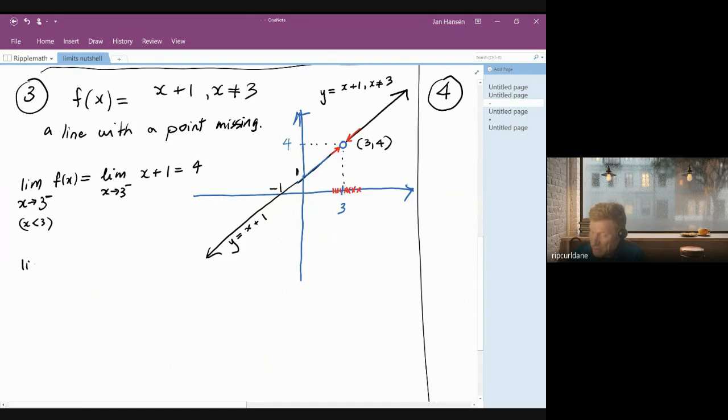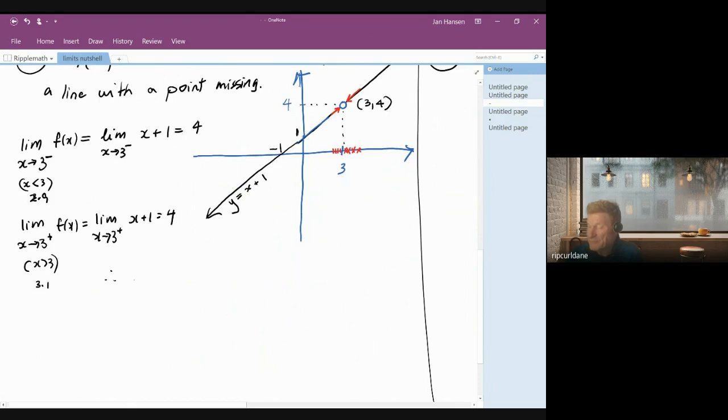And then the limit as x approaches 3 plus, which is where x is bigger than 3. This could be like x is 2.9, and this one might be 3.1. Think of it that way. The limit as x approaches 3 from above of x plus 1 is equal to 4.